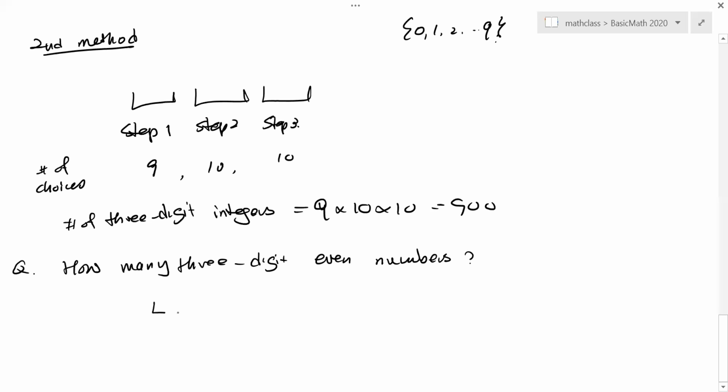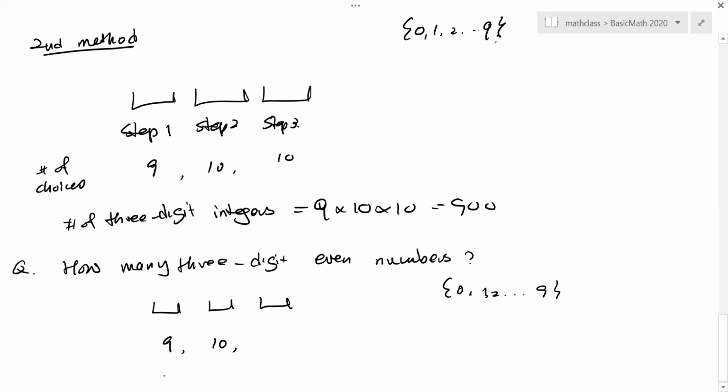So still the same idea, step 1, step 2, step 3. And how many digits can you choose? It's 10 choices. So the first step, you have 9 choices, right? Second step, you have 10 choices.